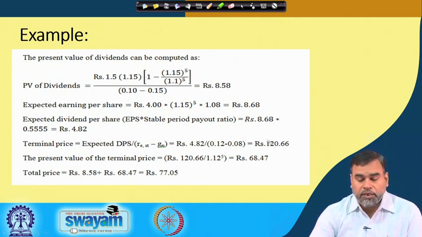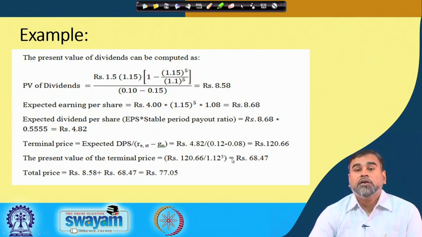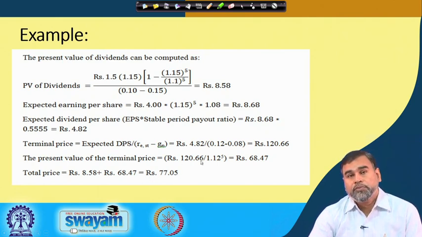Then you can calculate the present value of this, you have to discount it with respect to the discount rate, that is 12% in the stable growth period, then 120.66 divided by 1.12 to the power 5, then you are getting 68.47 rupees. So, in the first period it was 8.58 rupees, the next period is 68.47 rupees, then if you add up, the value of equity will be 77.05 rupees.